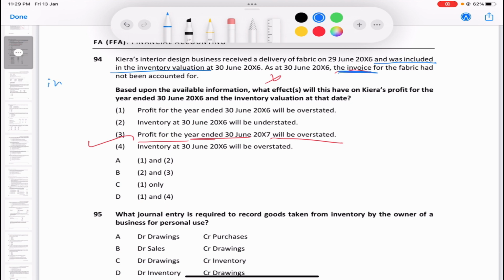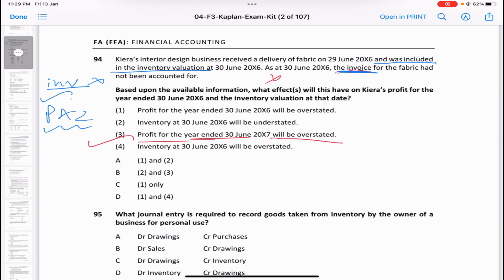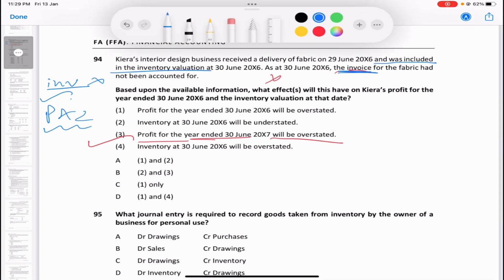So with inventory there has been no problem, everything is okay, but there had been a problem in the P&L that we had to figure out. So my answer is C.